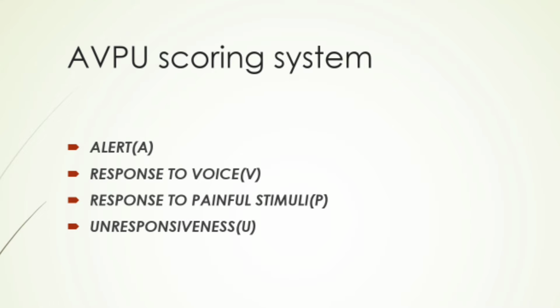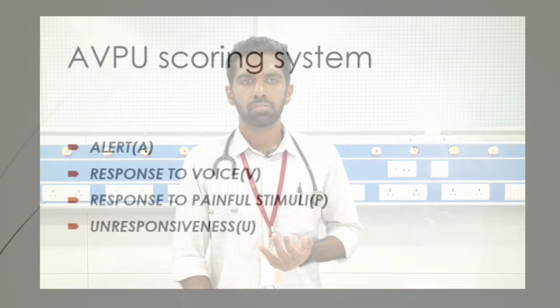Response to voice means recognition of mental status in response to voice. If an infant with minor symptoms continues to cry despite being cuddled, you have to evaluate whether the patient has a systemic illness or reversible factors like fever, pain, dehydration, etc. And finally, unresponsiveness.